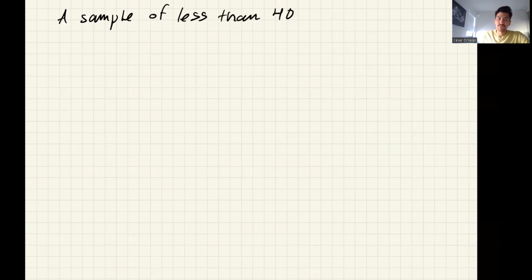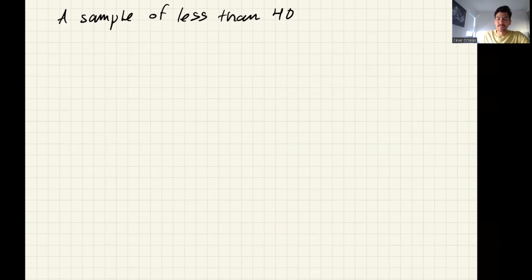This is section 7.4. As we already know, we are going to start calculating the intervals of confidence inside of a sample of a population. But now, what if this sample has fewer than 40 individuals?